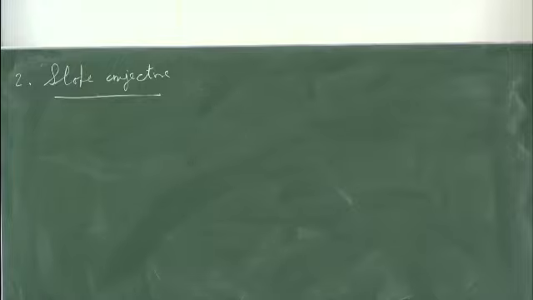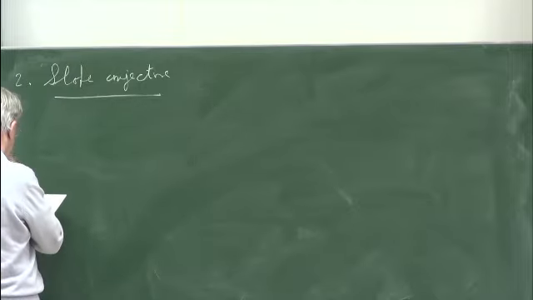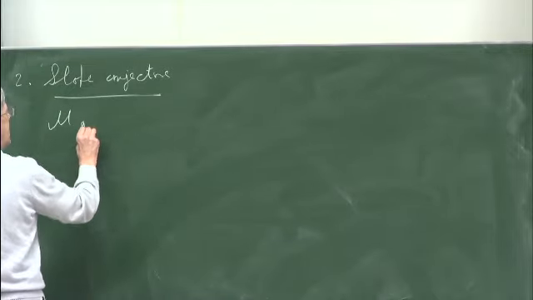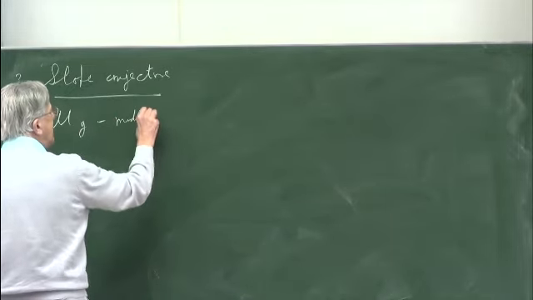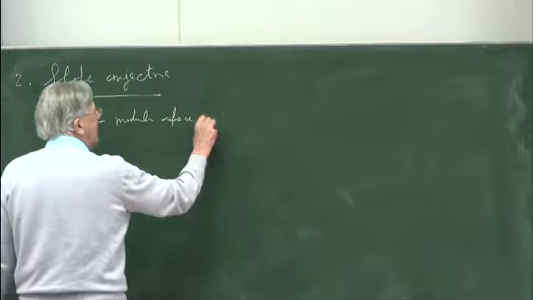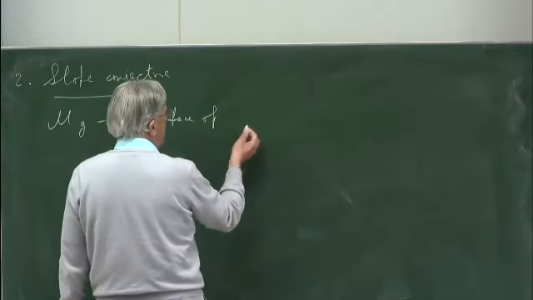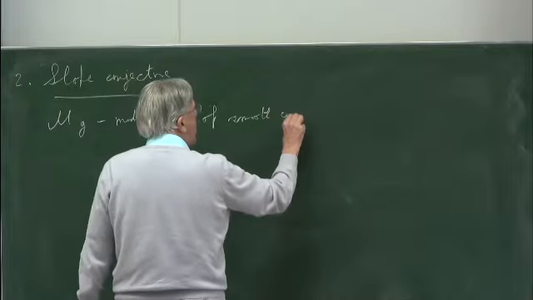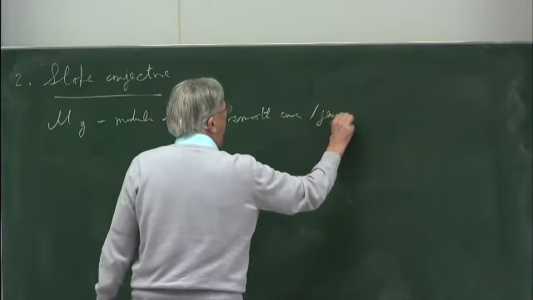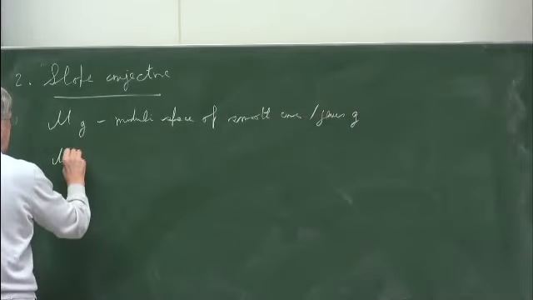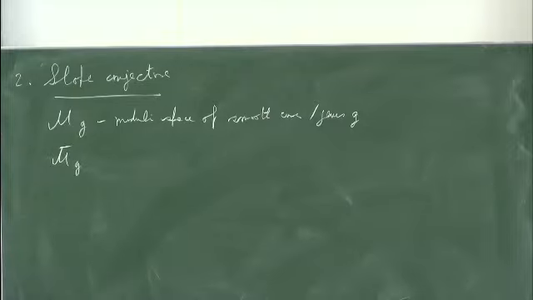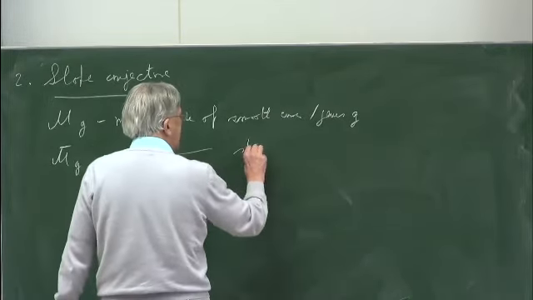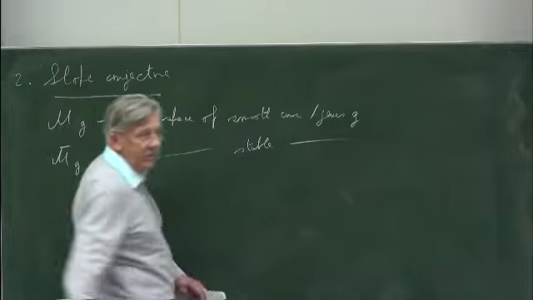So here we will have M_g denoting the moduli space of smooth curves of genus g, and M_g bar, the standard compactification of this by stable curves, so the moduli space of stable curves of genus g.